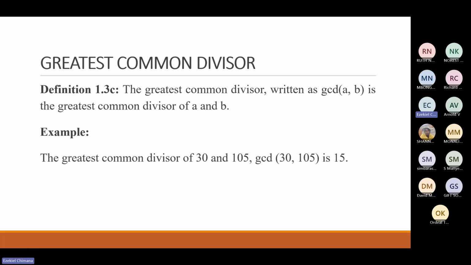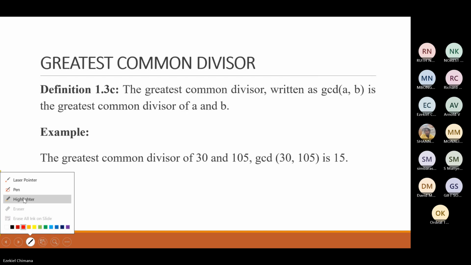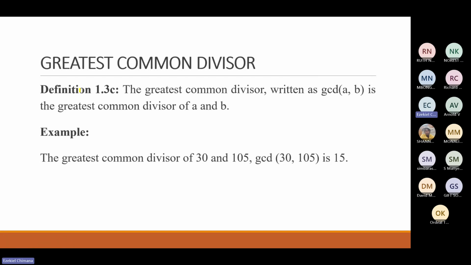So we're going to start with the greatest common divisor, the GCD. The greatest common divisor, written as GCD of A, B, is the greatest common divisor of A and B. What you are saying here is just that if you are given two numbers, you can find their greatest common divisor.